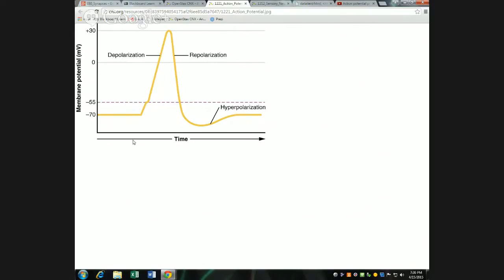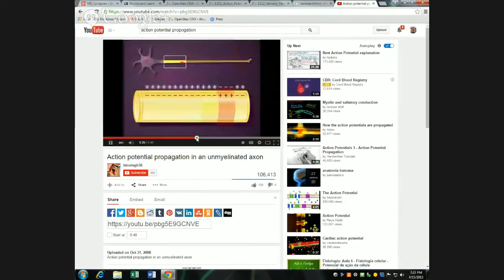Now, if we're measuring that, we'd actually have to turn this around, and we'd go from the cell body to the end of the axon here, and we'd see the membranes at rest, and then something changes it to get to threshold, and it depolarizes and repolarizes and hyperpolarizes. Okay. This series of events moves down the axon from the cell body to the end of the axon, which was what this was kind of depicting.